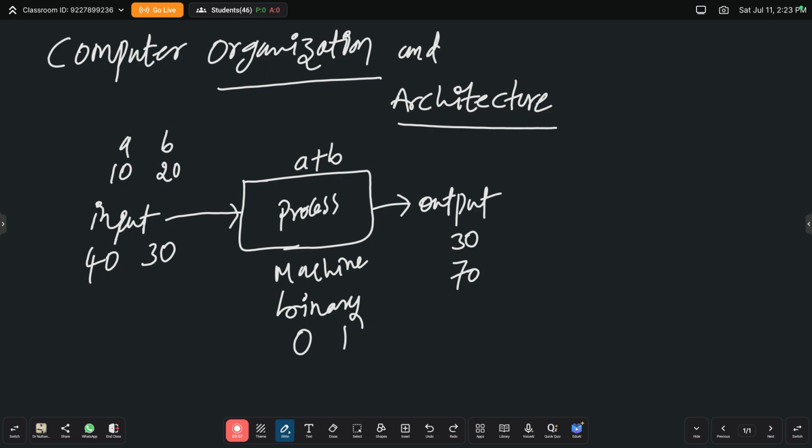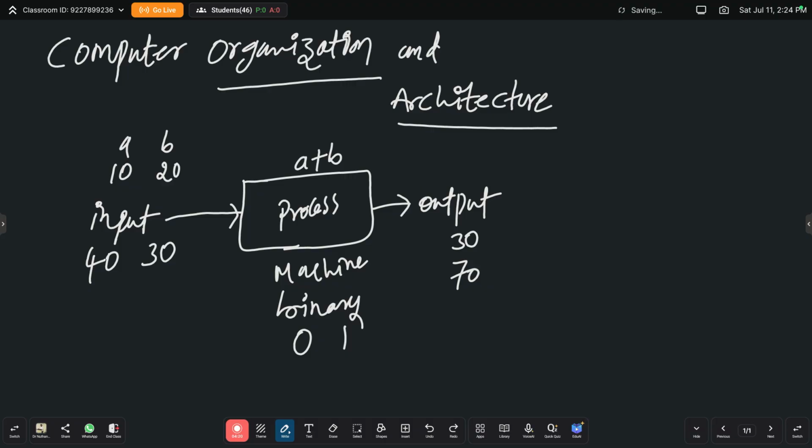I told you in the last class, I think. What is the machine going to understand? Low power voltage signals, high power voltage signals. Got it?